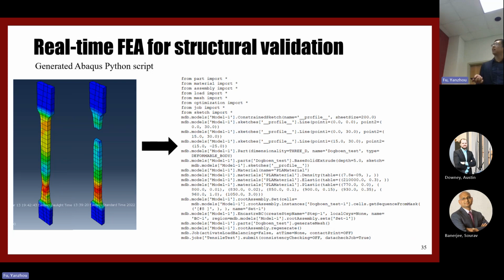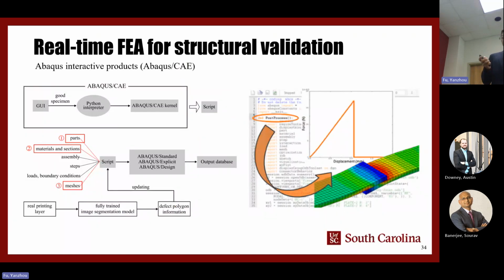So that's the Abaqus pattern script we need to generate first, and this is the base for the further updating. So what we will do, we will update these three parts: the parts, material, and the meshes.